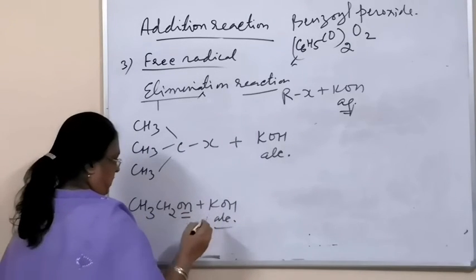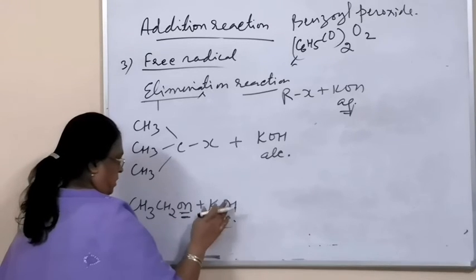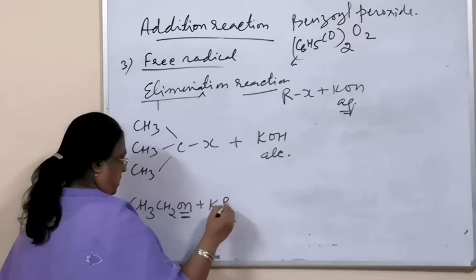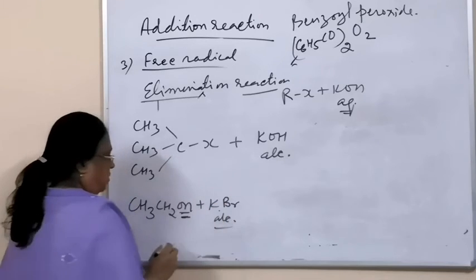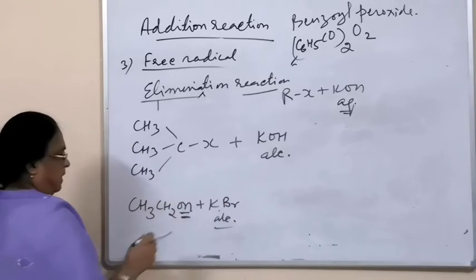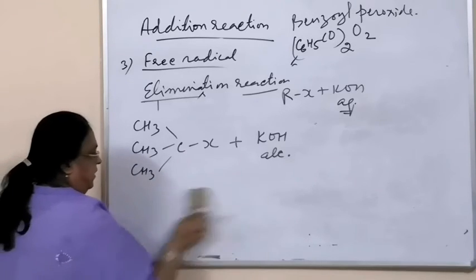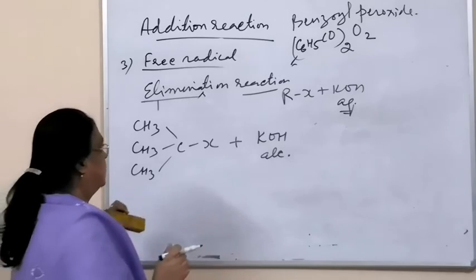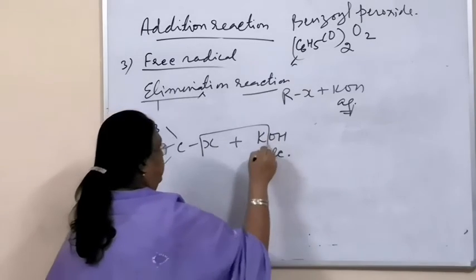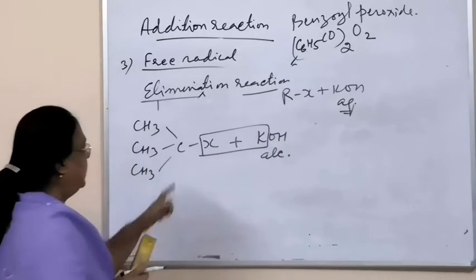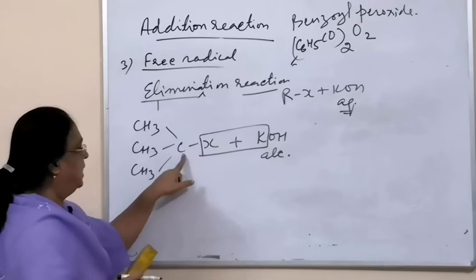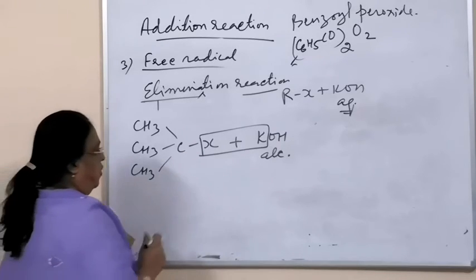OH from here. This is OH, and it's reacting with KBr if you take. Okay, so what will it be? Let me teach that first, then you will be able to understand. So this KX will be combining. When KX combines, the bond will break and a carbonium ion will be formed.